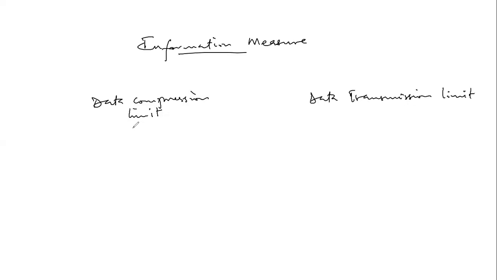So we were able to also tell that the data compression limit actually gives us an average value in terms of the number of bits that can be used to describe the random variable, and we call that the entropy.